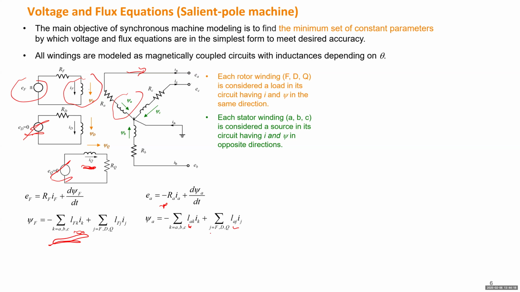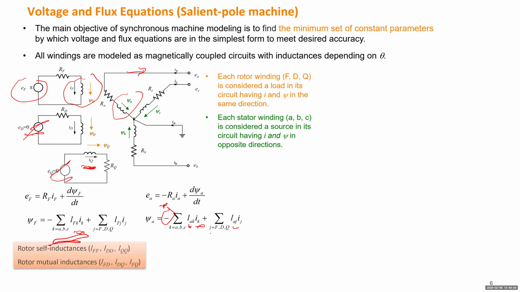If it's different from A, it will be a mutual inductance. So the mutual inductance can be coupling the A winding with another stator winding or maybe another rotor winding. If it's a stator winding, you need to add a negative sign. That is only because the stator current takes the opposite direction.